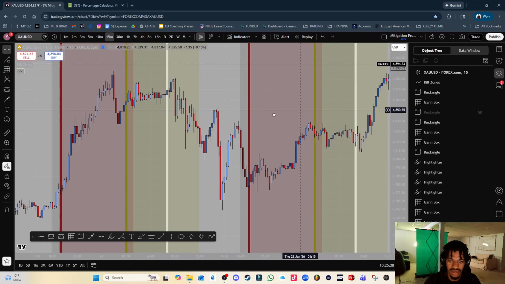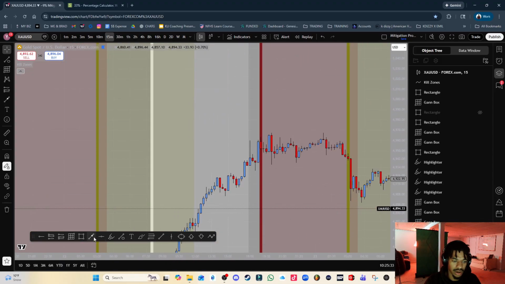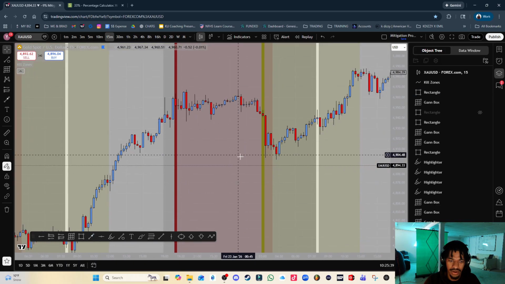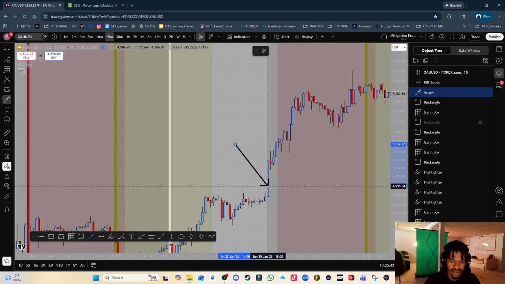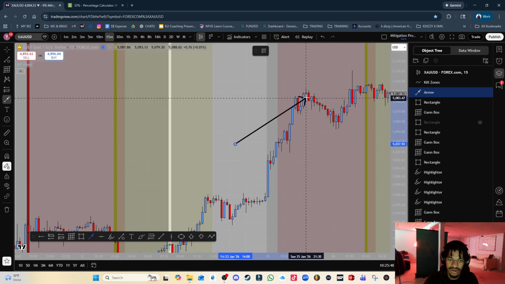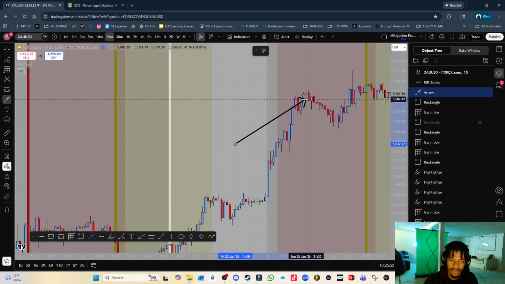So let's go again. Let's find some areas. Right here, not too crazy, so you don't need to trade. Look at right here, at 6 o'clock p.m., price just, right? It's like a continuation of what it did in the morning, right?